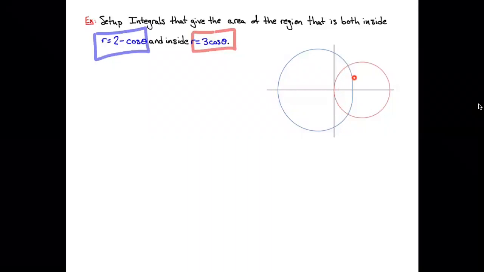I always ask myself, does it have symmetry? And yes, it does. The top half is exactly equal to the bottom half. So I'm going to focus on the top half. When I want to find its area, I want to highlight the portion of the curve that touches the region in the two different colors, and then draw lines to the origin in those two colors.